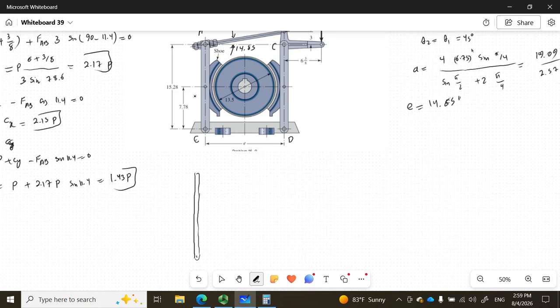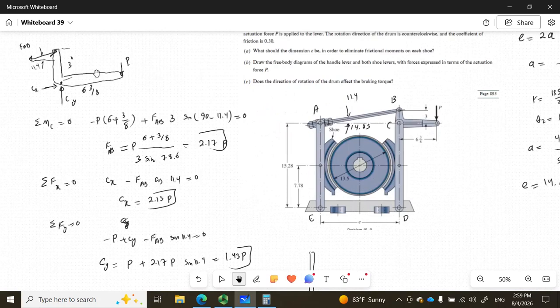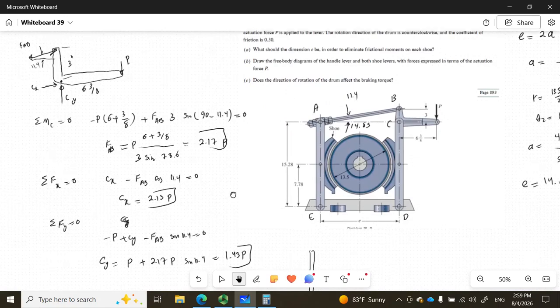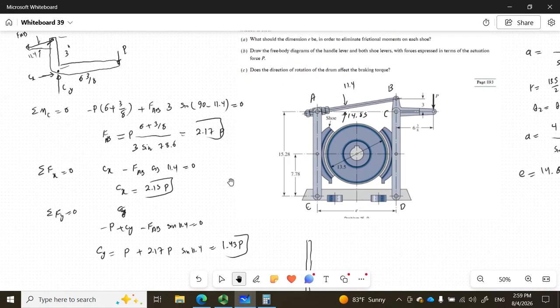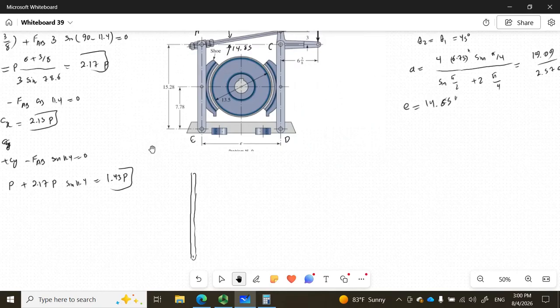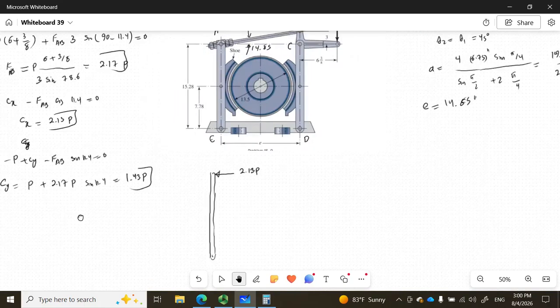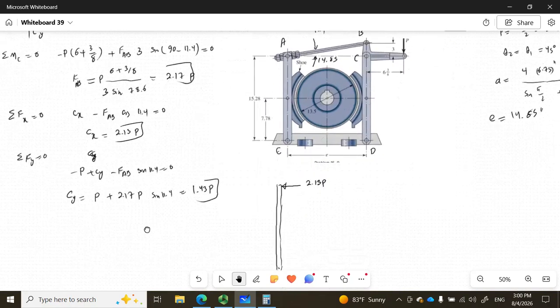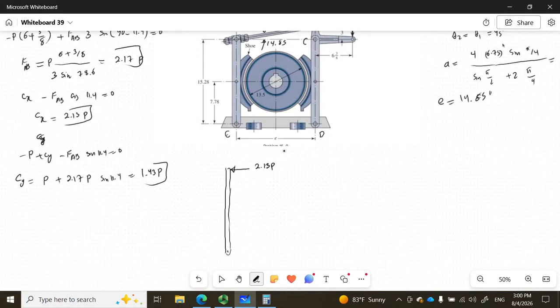Alright, so for the forces, by the way, we look at the bracket; now I'm looking at the arm. So look at the direction of CX and CY. I chose them right. So now we have to invert them because I'm looking at this action-reaction. So here I'm going to have 2.13P, and CY was 1.43, which should go down, 1.43.